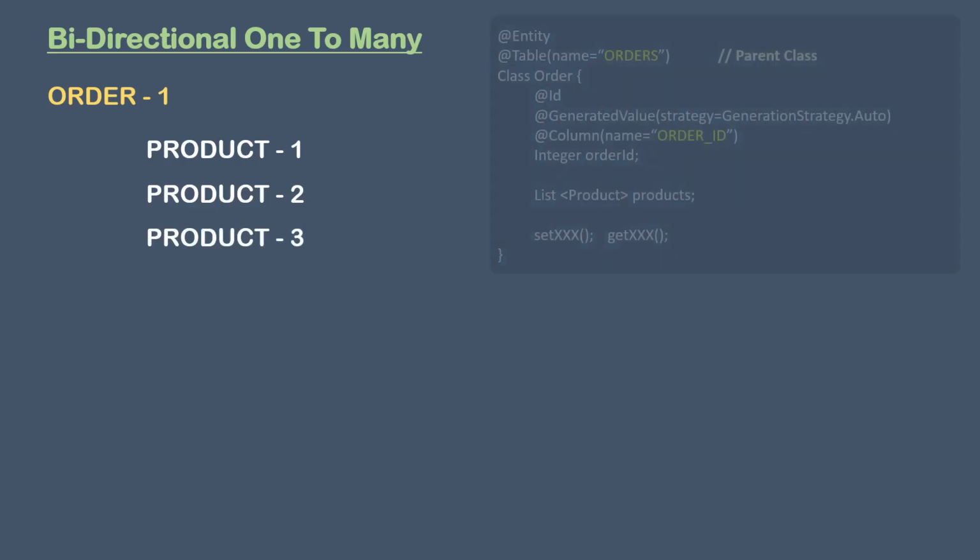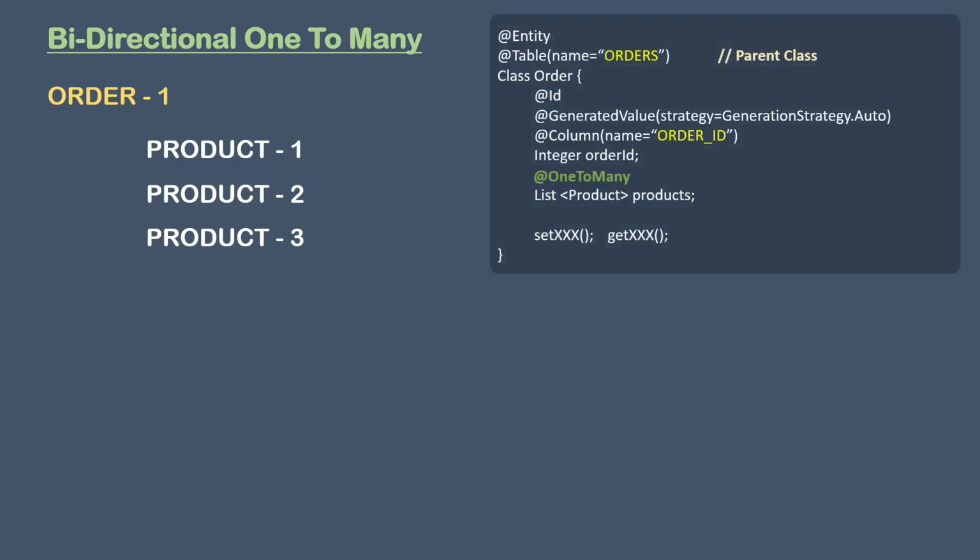The structure and hierarchy between the parent and child entity will be like one order having multiple products, and we will use the one-to-many annotation in the order class, in the parent class, on top of the list of product details.